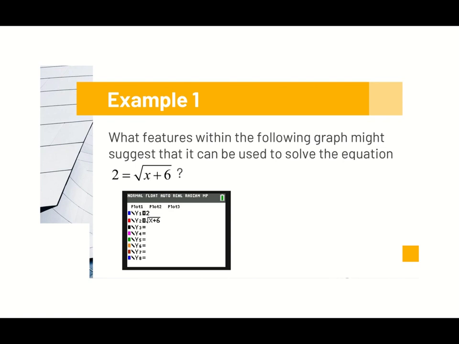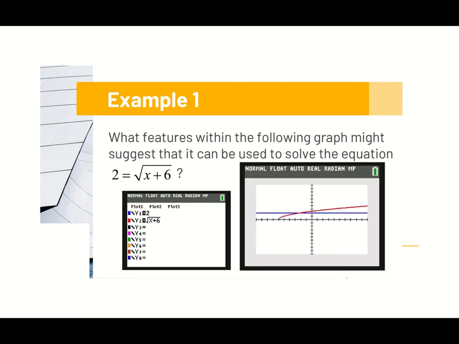When you hit graph, you should come across something like this. The first one is our line, and the second one is that radical equation, which we have graphed by hand before. So what features within this graph might suggest what we can use to solve this equation?